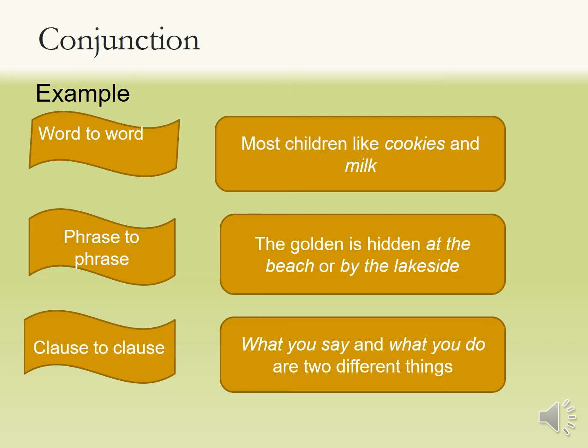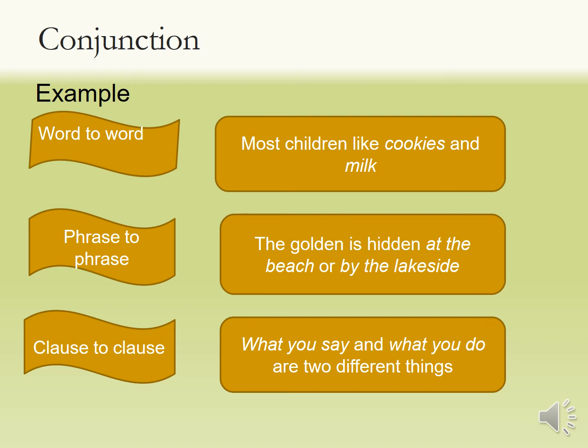Let's see the word to word structure: most children like cookies and milk. And again we have another example, phrase to phrase: the golden is hidden at the beach or by the lakeside. So in the first statement, word to word, cookies and milk.